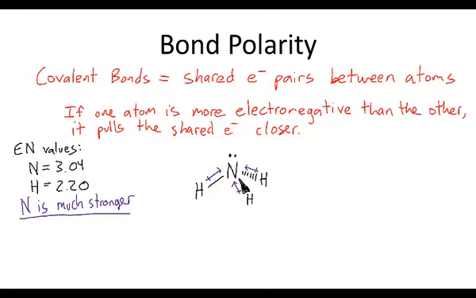So in this case, hydrogen gets a partial positive charge, and we indicate that with a little letter delta and a plus, and nitrogen gets a partial negative charge. This symbol here is a lowercase delta. And we use that to indicate partial charge.